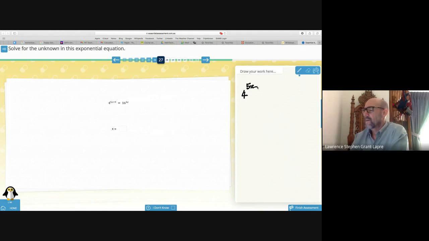5x plus 9. We're going to use matching for this strategy. I'm going to change 16 into 4 squared, so I'm going to leave the 4 there, and you multiply that.